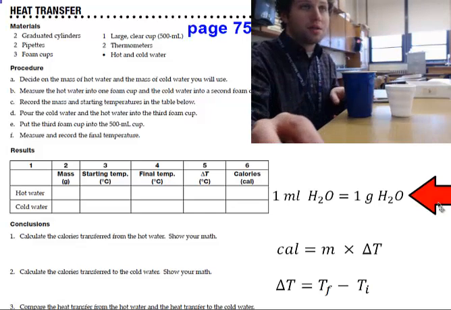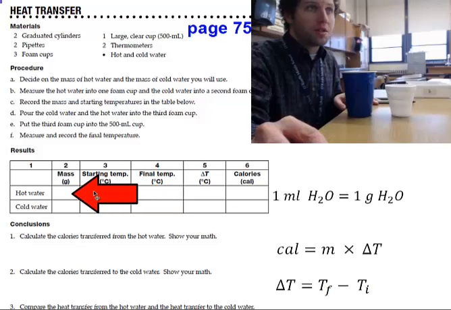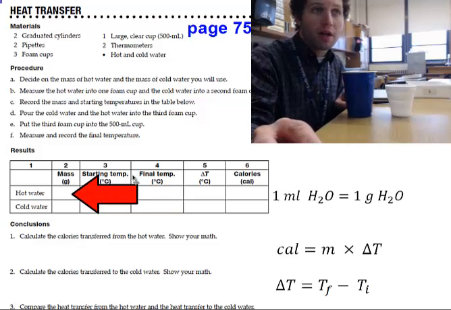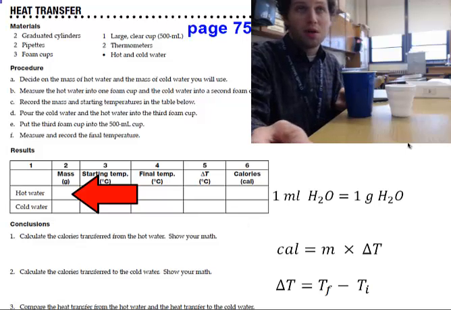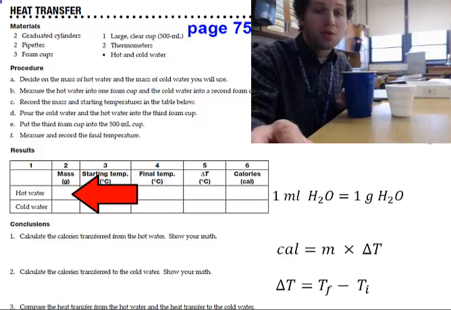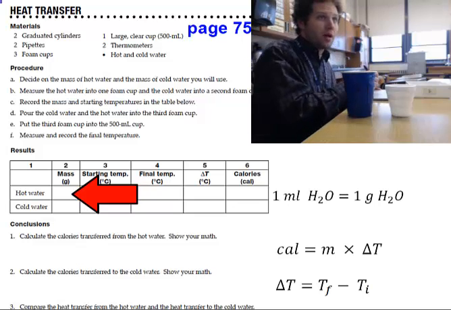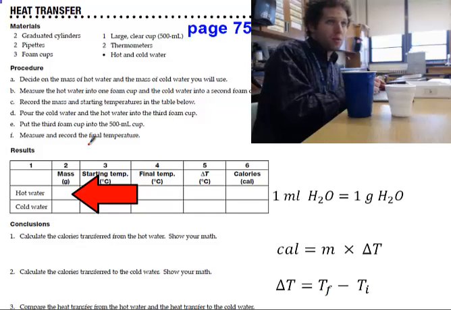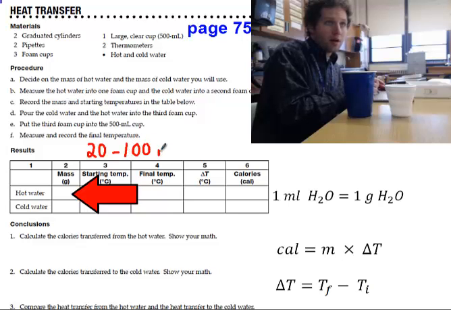The next thing you'll do is determine the mass of hot water and cold water that your group will use. It is up to you how much hot water and how much cold water to use. Please don't choose the same amount. I recommend somewhere between 20 and 100 milliliters of water for each one.